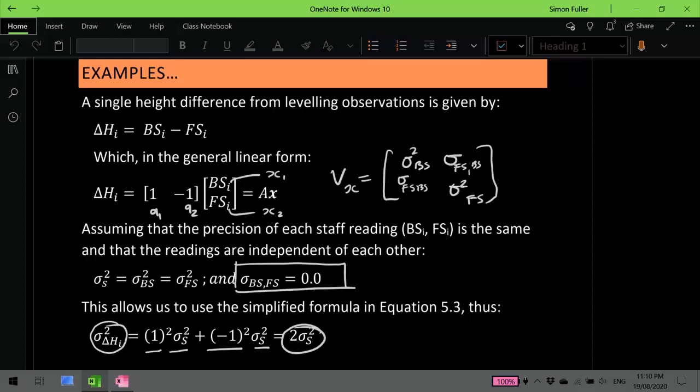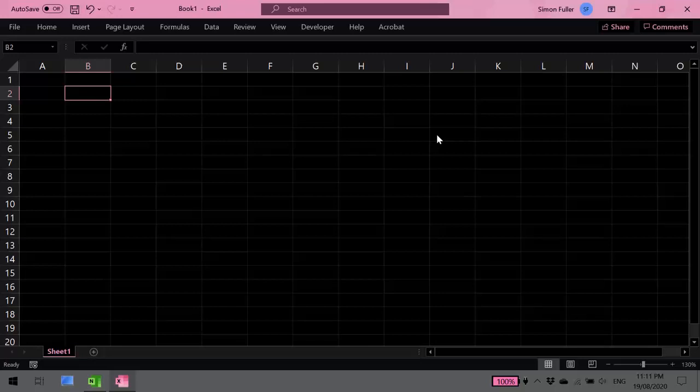Okay, so now let's actually look at applying that with some actual numbers in Microsoft Excel and seeing what we actually get for the variance of our change in height. Let's start off with some standard deviations here for the backside and the foresight, which we know is just the same for an individual sight.